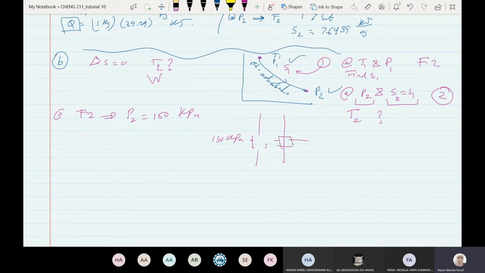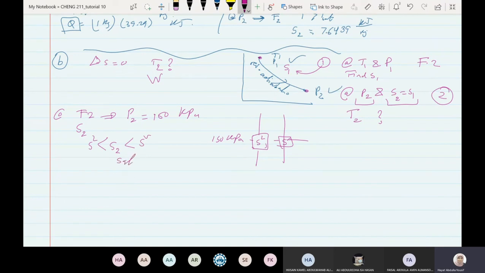The S property. Here I have S liquid, here I have S vapor. So I want to compare my S, which is S2, and check whether it is greater than, less than, or equal to the values we have. In this question, you will notice that S2 lies between S liquid and S vapor.